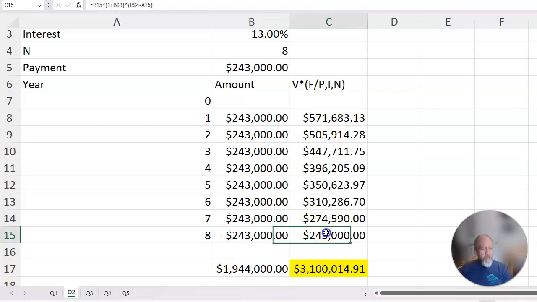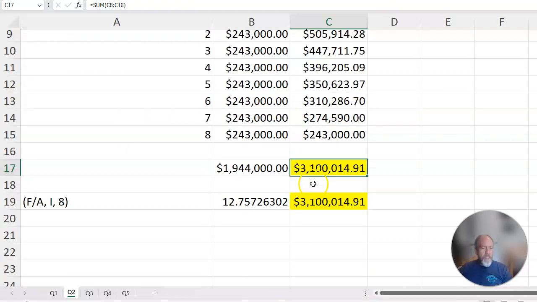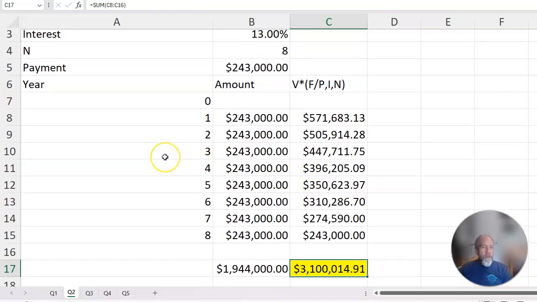Payment number 8, future value will be exactly what the payment is. Then I add all those up. Total number of payments that you actually made were this, but the future value of all those payments is greater, because the payments made in those early years are worth more in their future value. And voila, you've got the answer to this.